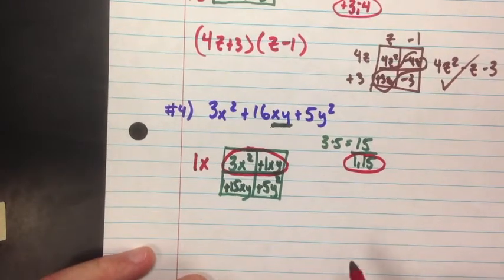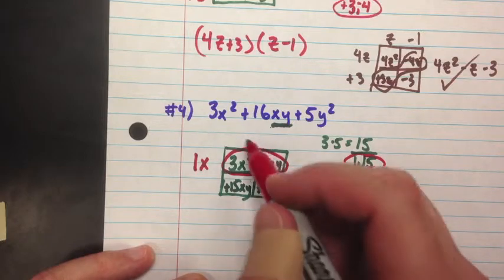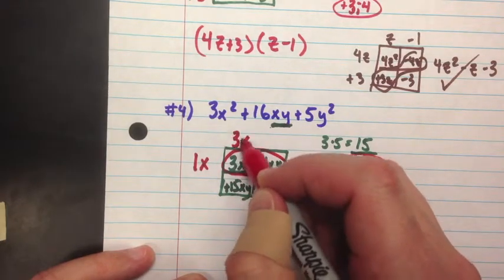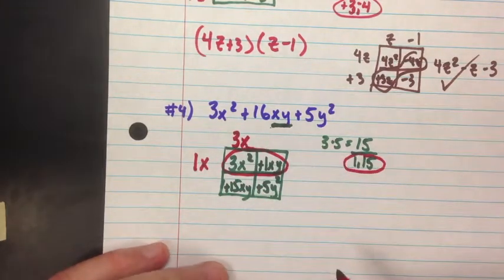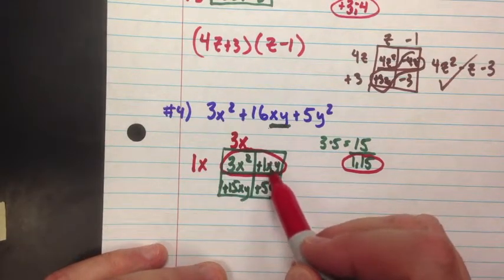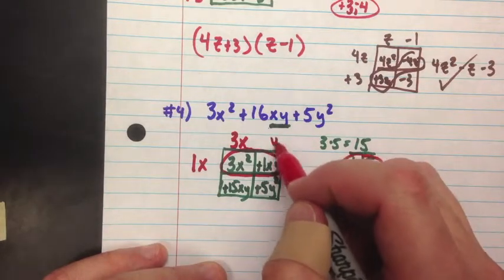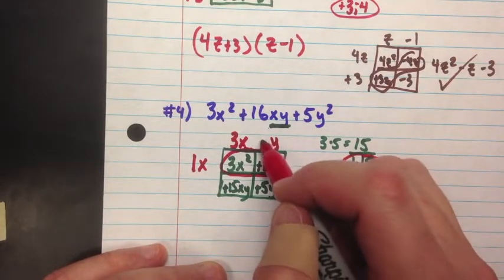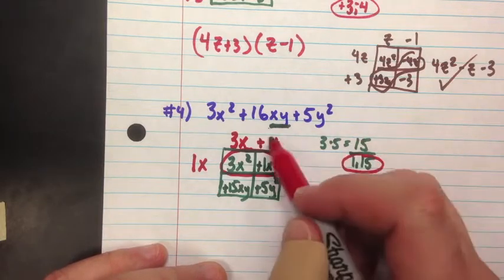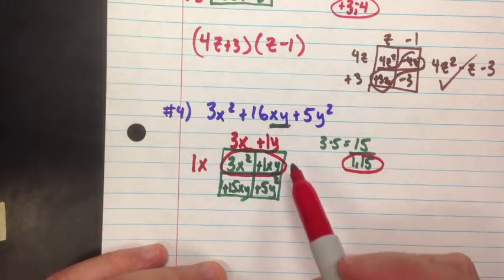Now we're thinking times table. 1x times what will get you 3x squared? Well, 1x times 3x. 3x squared. 1x times what will get you 1xy? Well, you've already got the 1x. All we need is the y. Okay, so that's going to be plus y, or you can say it's 1y. 1x times 1y is 1xy.